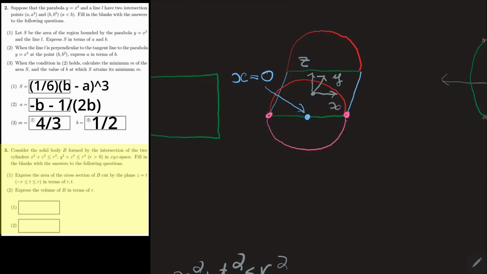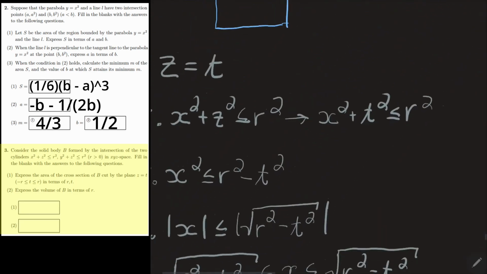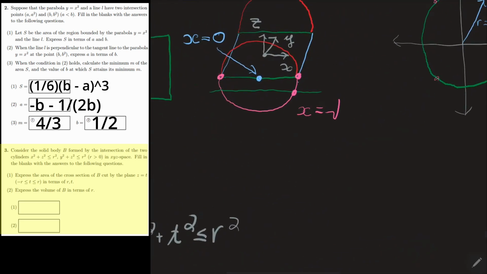So let's say we cut this cylinder, let's say our z is equal to -1. So we cut the cylinder right there. And so what that means is at this point right here, our x value will equal the square root of r squared minus t squared.